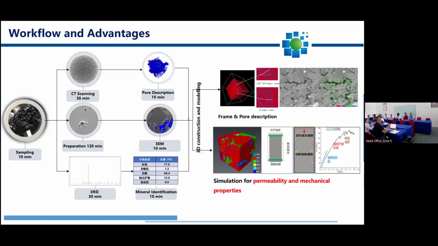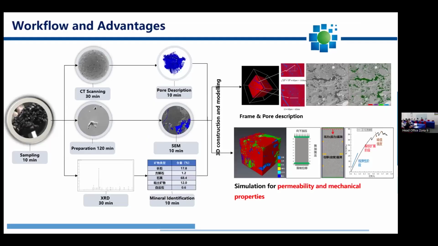Again, if the rock is good enough, for both sidewall cores and cuttings we'll be able to reconstruct a 3D model. As I mentioned, we can calculate and describe the pores, and do pore distribution or pore structure calculation.